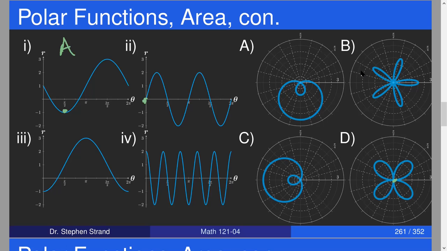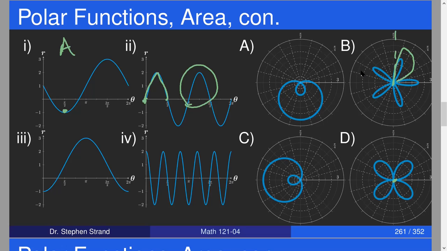As I mentioned, another thing that's useful is figuring out what these loops correspond to. What you should think of is these are places where the radius goes from 0 out to some distance and then back to 0. So what we want to see is, do any of these graphs start at 0, go out to some distance and then back to 0 by the time we are at this vertical line?